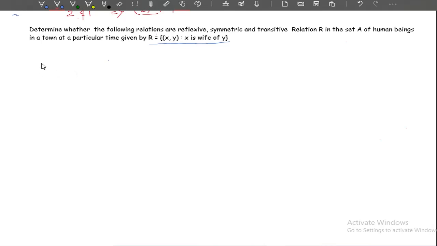No human being can be wife of himself or herself. So (x, x), because that is our societal norms, doesn't belong to R. So R is not reflexive.